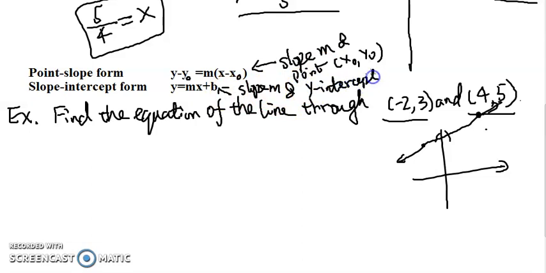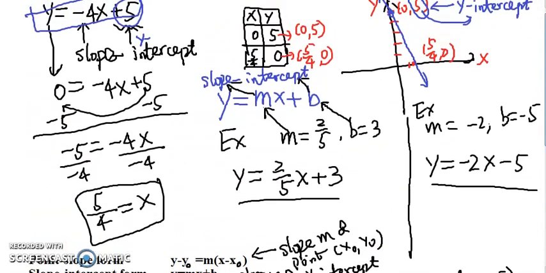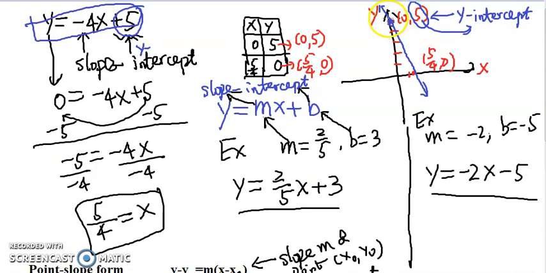Y-intercept means that when x is 0, that corresponding number. So it's the point on the y-axis and also on the line. It's the intersection point of the line and the y-axis.